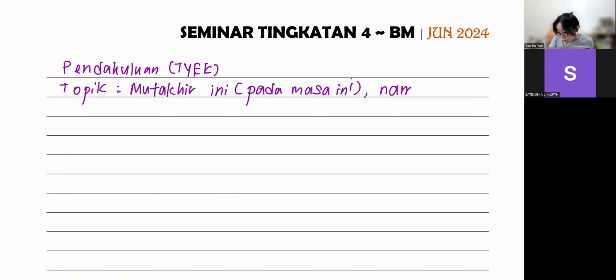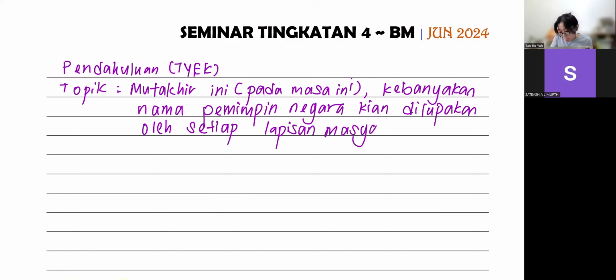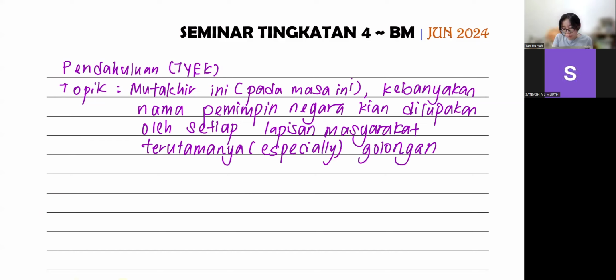Then we put kebanyakan, mostly, kebanyakan nama pemimpin negara yang dilupakan oleh setiap lapisan masyarakat, every layer of citizens, setiap lapisan masyarakat, and then terutamanya, especially, golongan belia. Golongan belia means golongan remaja, teenager.